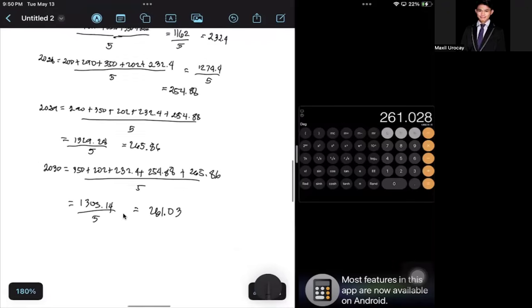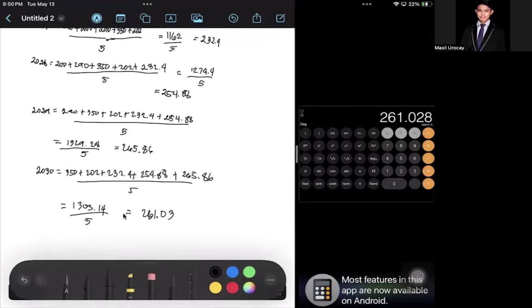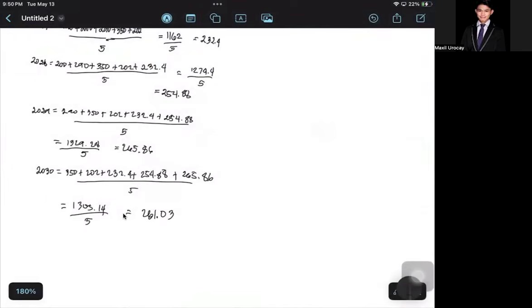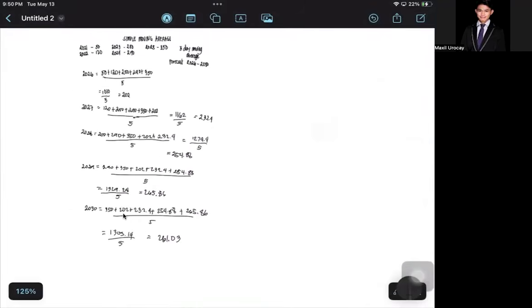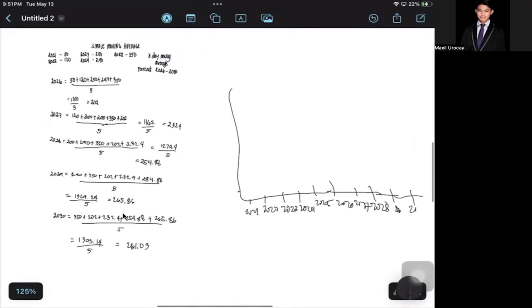If you are going to graph the data that you have, this is your historical data: 50 here, for 2021, 22, 23, 24, 25, and then 26, 27, 28, 29, then 30.